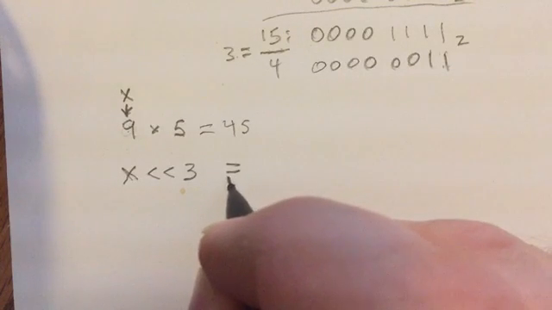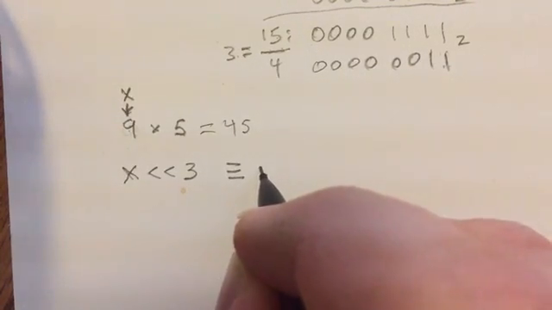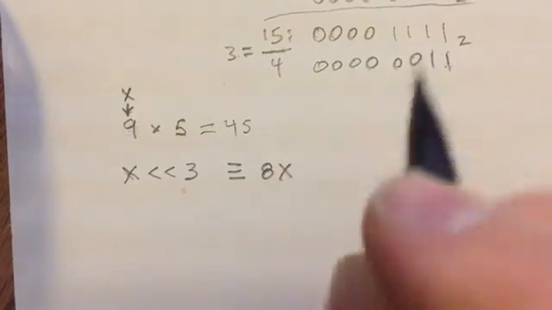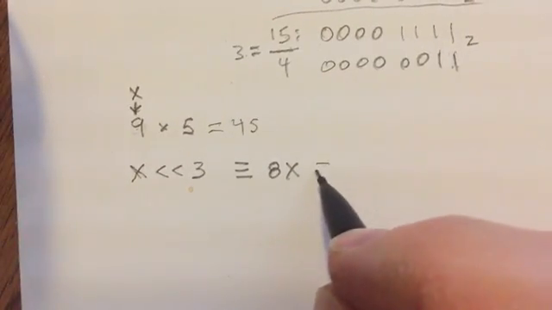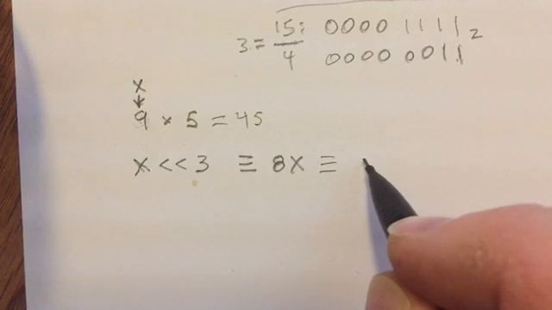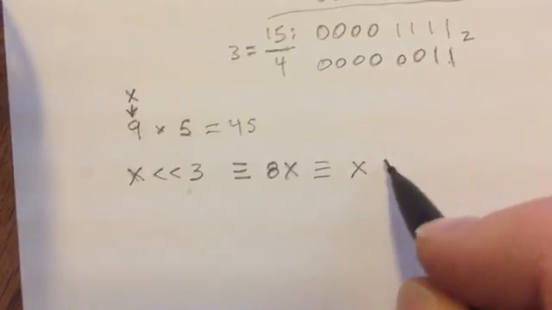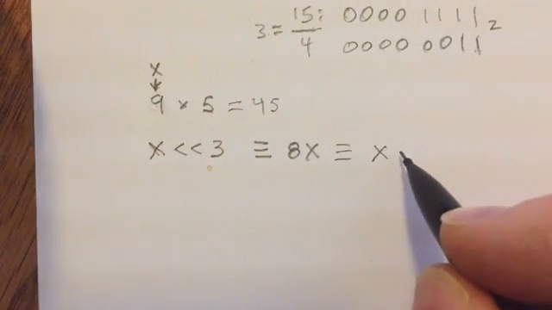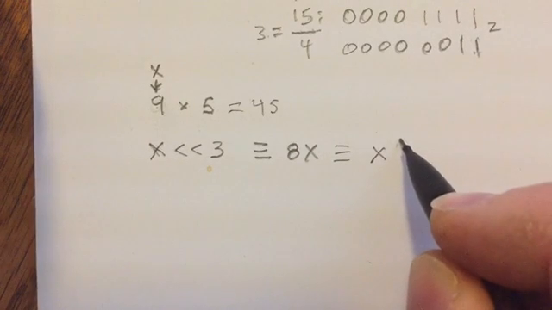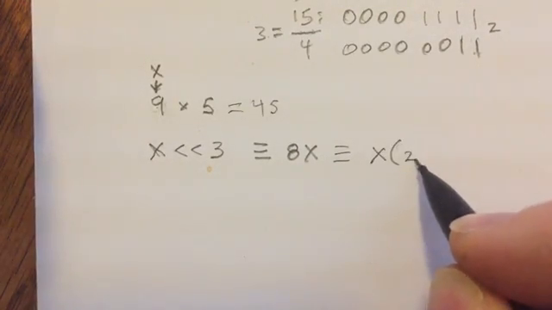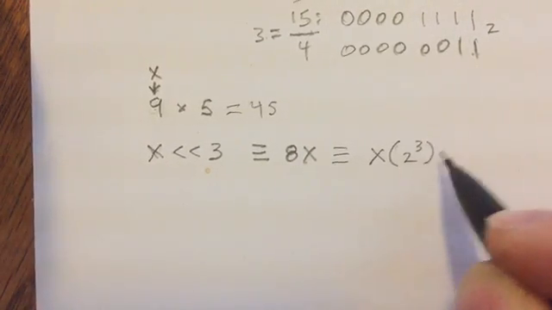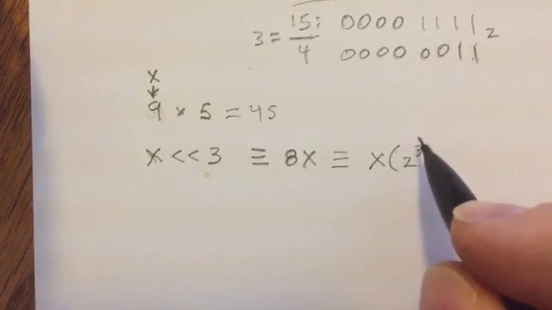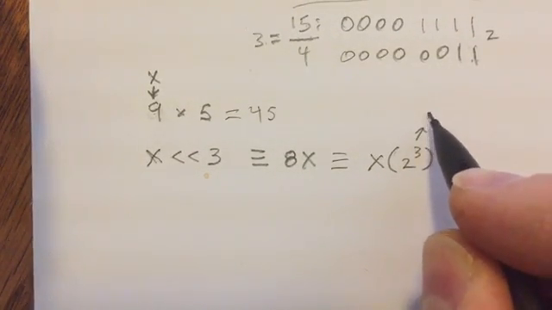This is logically equivalent to 8x, because here we are essentially taking x and multiplying it by 2 to the 3rd power, which is 8.